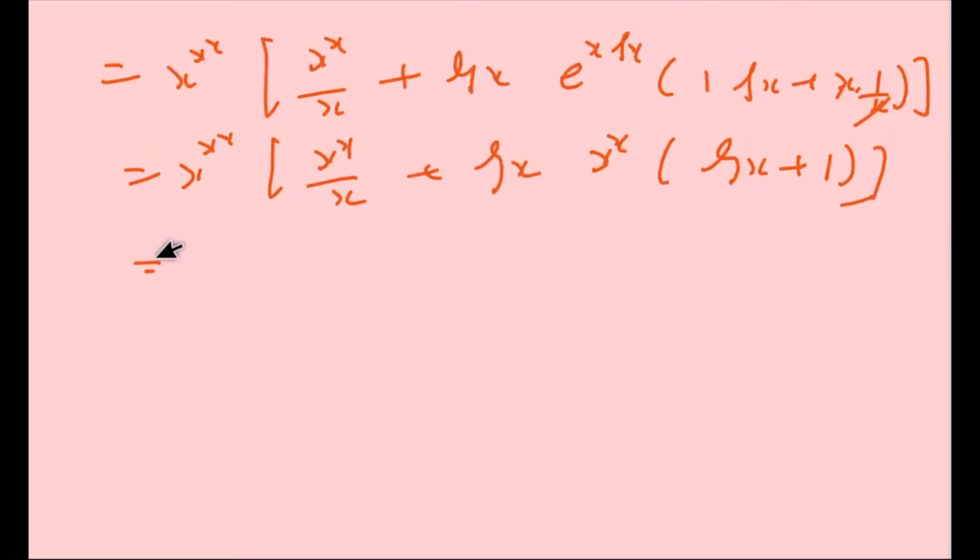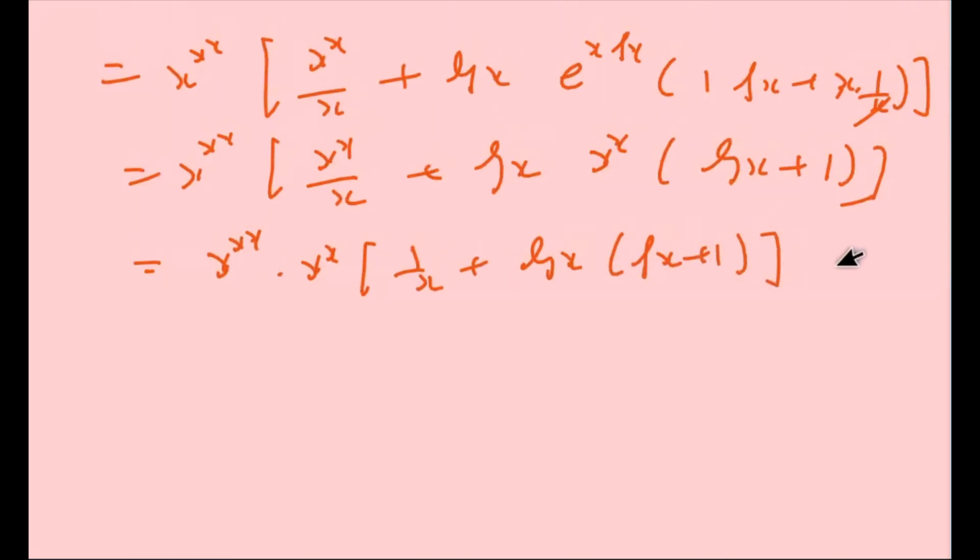So after simplifying this, if we take x to the power x common, what is left here is 1 upon x plus this one is common, and we can write here log x into log x plus 1. Okay, this is your required solution.